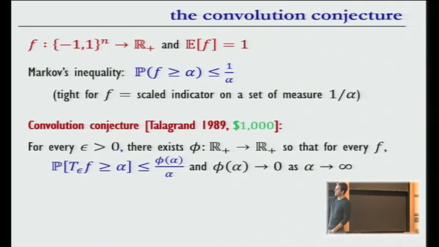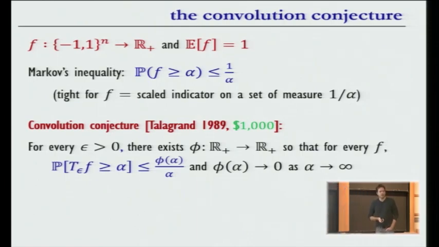Quantitatively, what does it say? Fix epsilon, the amount of noise we apply. Then the claim is that there exists some phi such that the probability that the noisy function is bigger than alpha is at most 1 over alpha times phi of alpha, where phi of alpha goes to 0 as alpha goes to infinity.